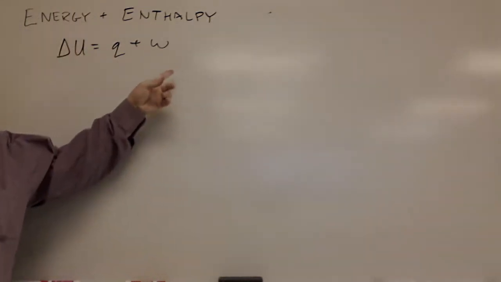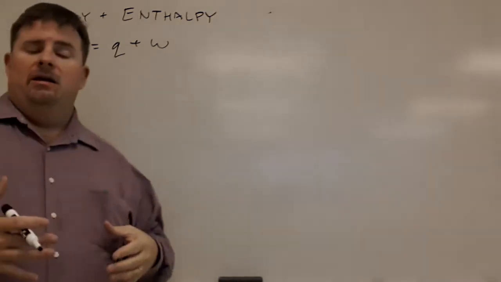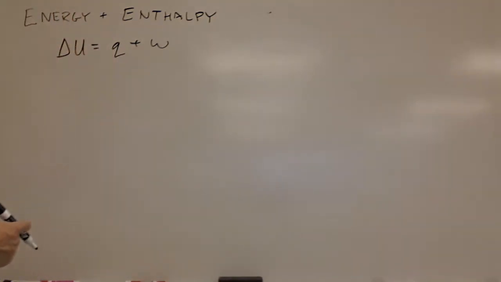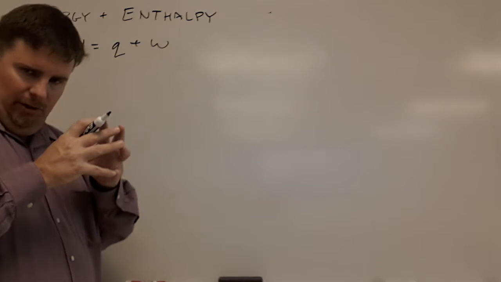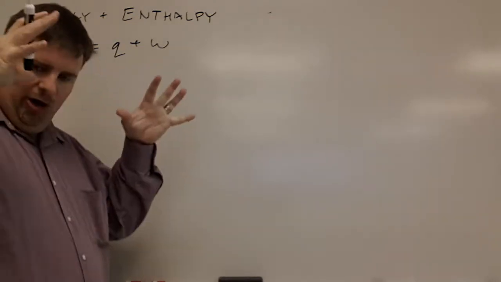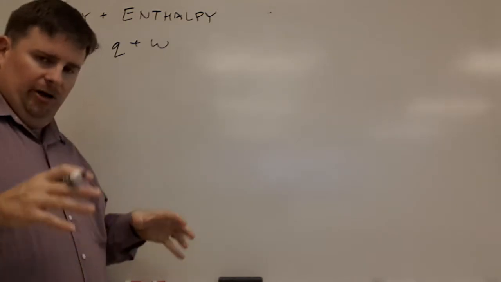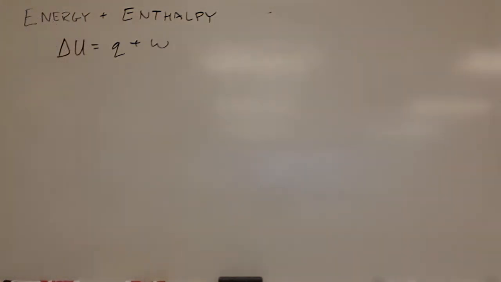We've seen this equation before, okay? And we know that we have work and we have heat that are associated in the system. I've already shown that when you have work on a system, it's doing work on the surroundings, or the surroundings are doing work on the system.